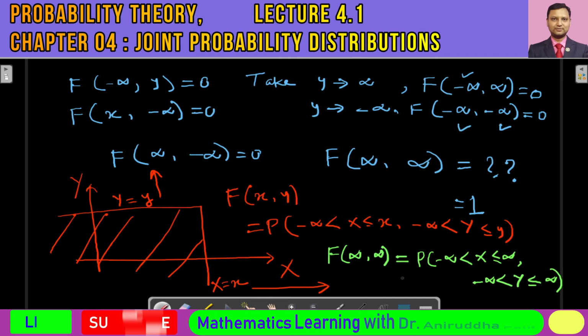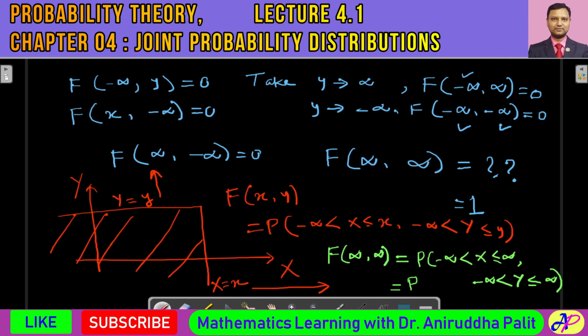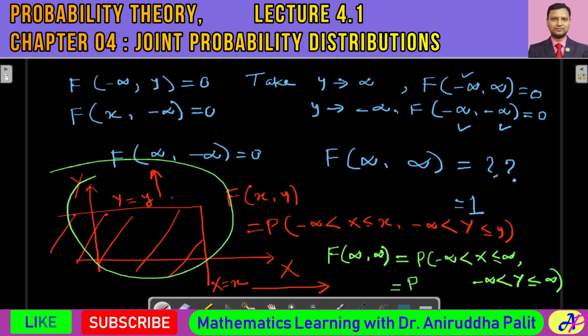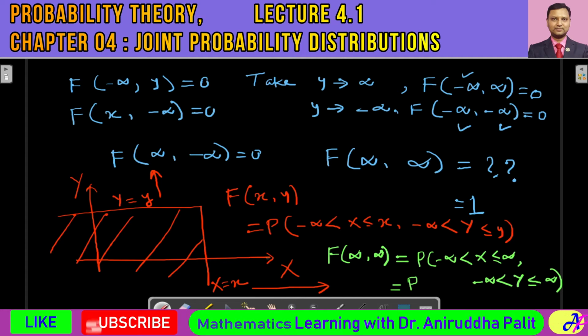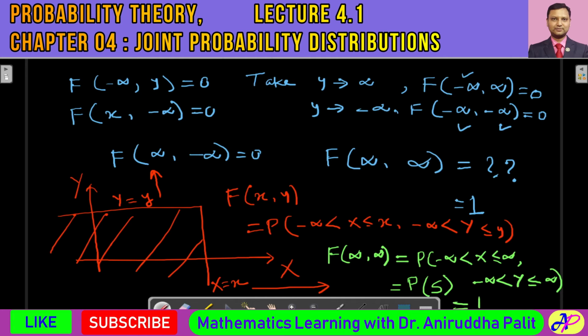And what is this? This is actually the probability of the certain event, because in the two-dimensional plane, the entire two-dimensional plane will give us the certain event. So we can say that that is actually the probability of the entire two-dimensional plane, and that probability is equal to 1.